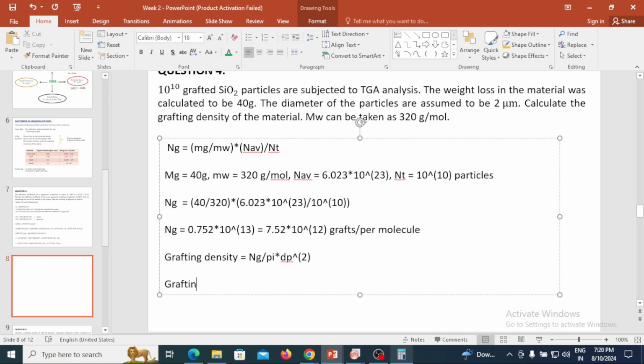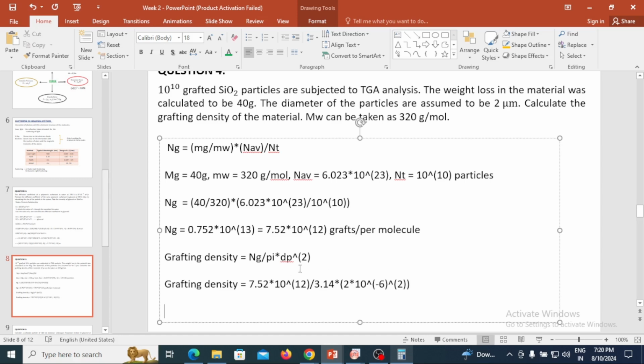So grafting density is nothing but Ng, which we calculated as 7.5 times 10 to the power 12, divided by 3.14 times dp square. They are asking us to calculate with the diameter of the particle as 2 micrometers. So 2 times 10 to the power minus 6, the whole square, right? So that is what we need to calculate.